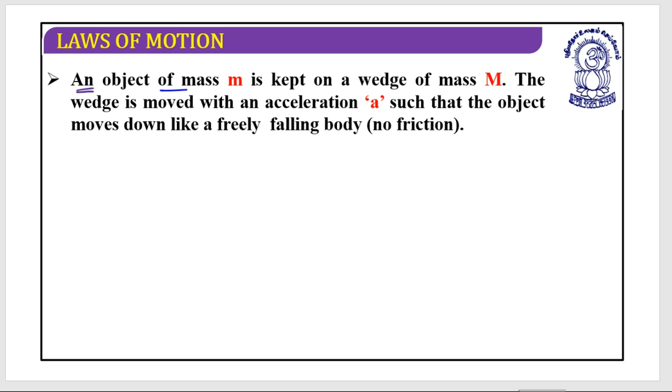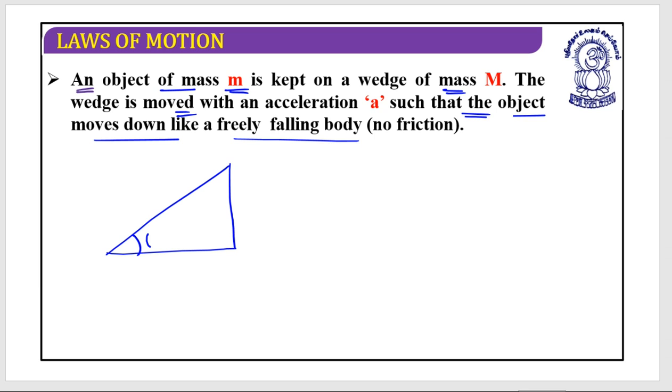It says an object of mass m is kept on a wedge of mass M, and the wedge is moved with an acceleration a such that the object moves down like a freely falling body, and there is no friction. Even in the previous application there was no friction, and we had that magic kind of thing. Let's create that magic again.